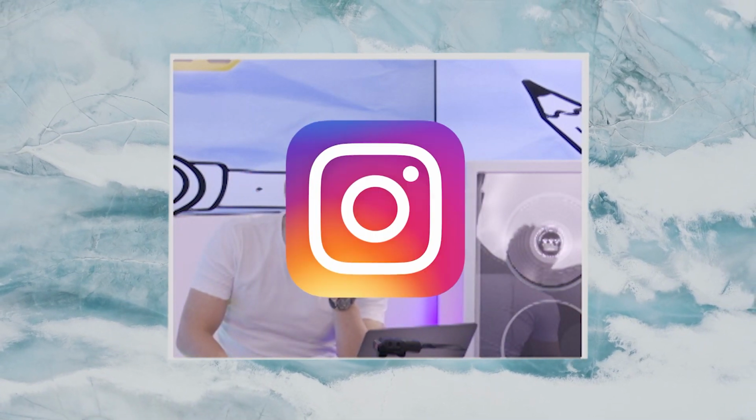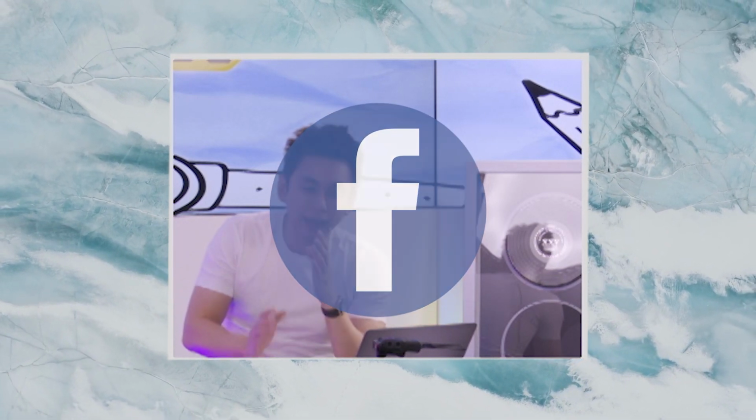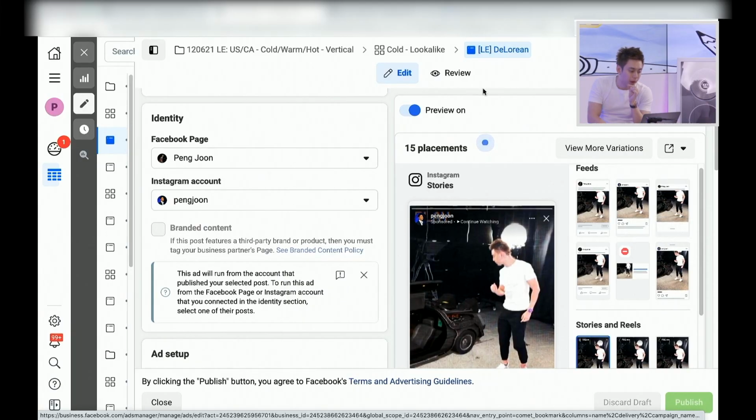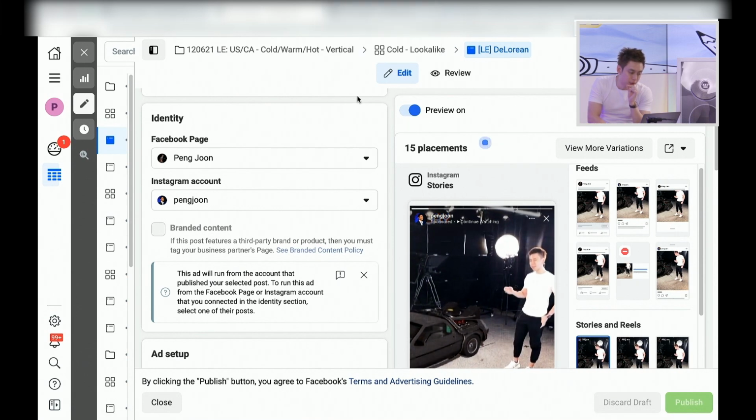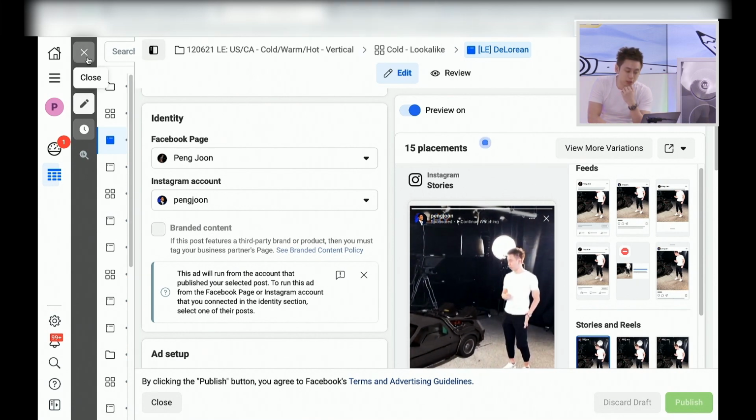So you're going to notice that for some platforms like Instagram, hands down, or even Facebook, when it can take up the entire screen, there would be a big difference when it's coming from the vertical format. However, at the same time, you're going to notice that there are some instances where it didn't make much of a difference.